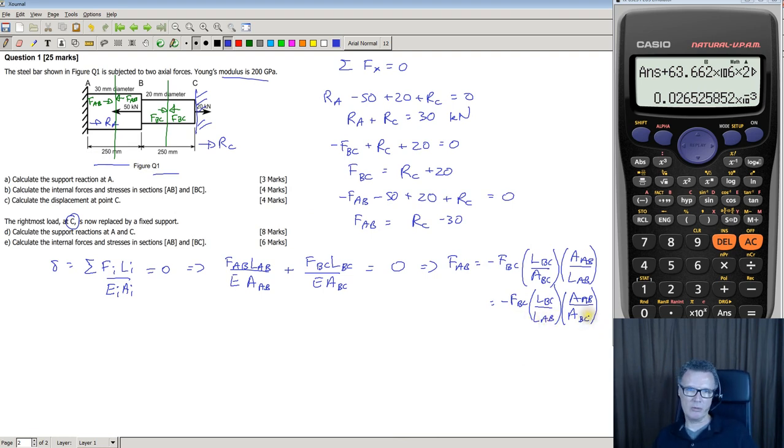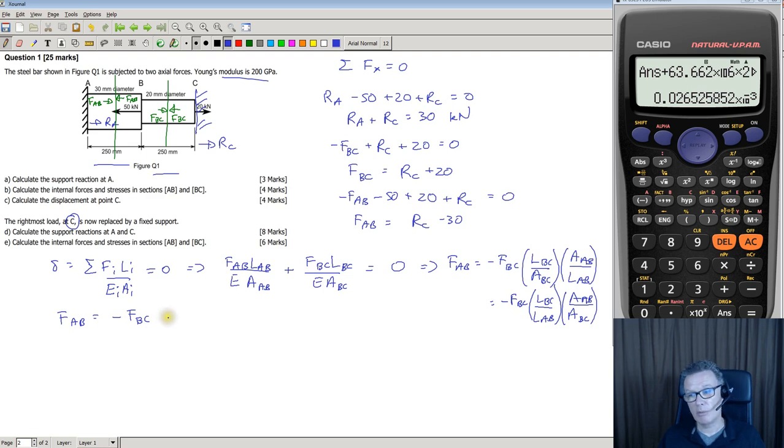The second ratio will be the fact that this is wider. I can base it on the diameter, so I can say that FAB equals minus FBC.